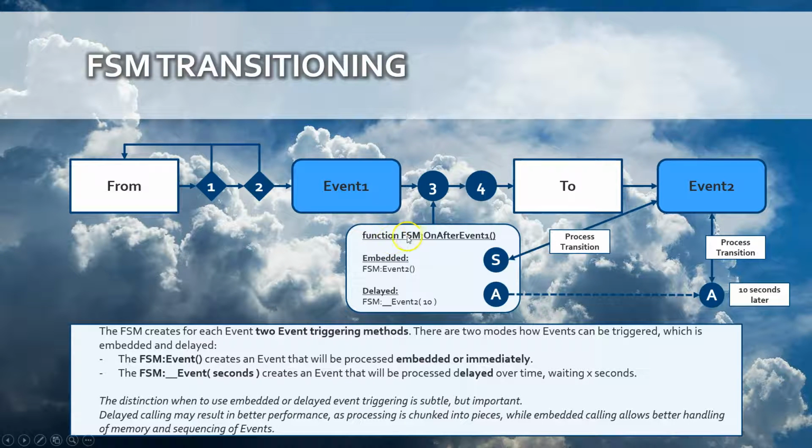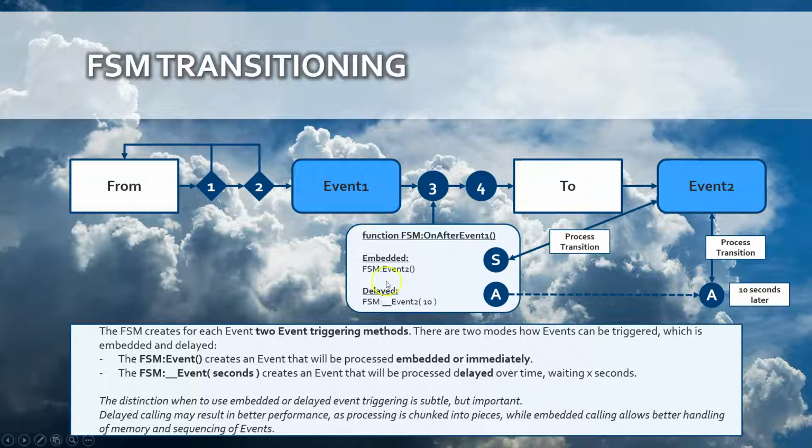So you build a function, finite state machine double point, for example here, onAfter and then event 1. You use the name of the event and concatenate it with onAfter, and this will then be called at moment 3. And within that function you can then use two different event functions of the finite state machine. The first event function format is very simple.